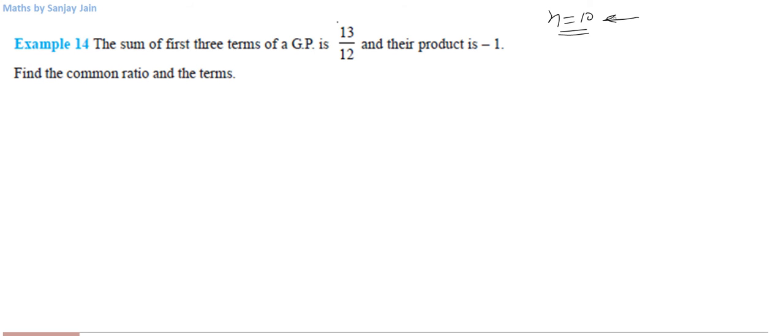7 plus 77 plus 777. So I don't have a direct formula as this is not a GP up to n terms, right? So what I do is I'll take 7 outside. So if I take 7 outside, I'll have 1 plus 11 plus 111 plus 1111 plus and so on, right?